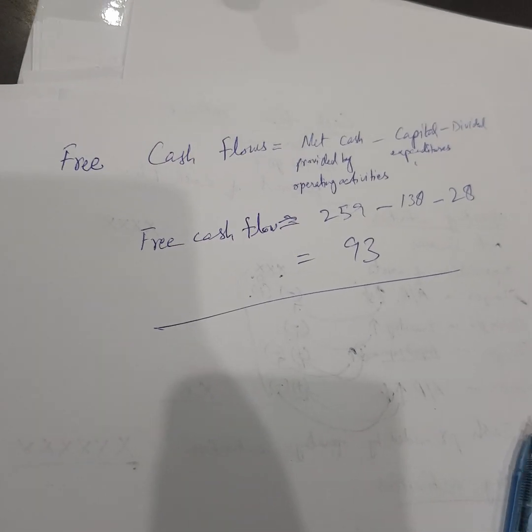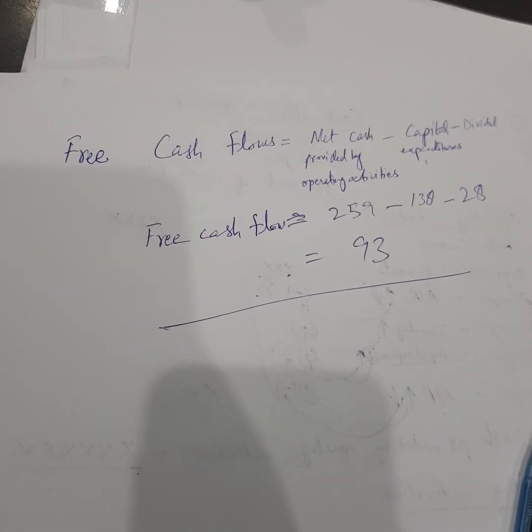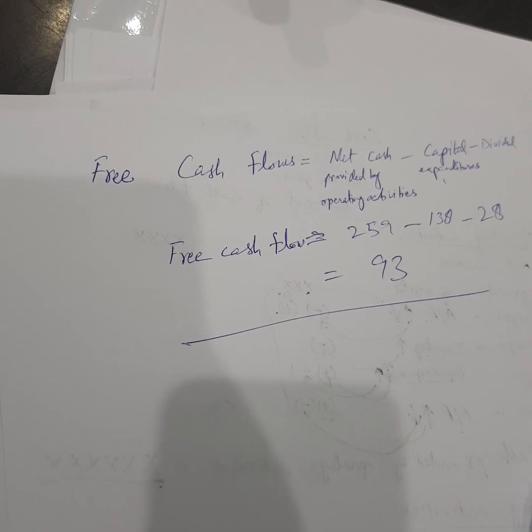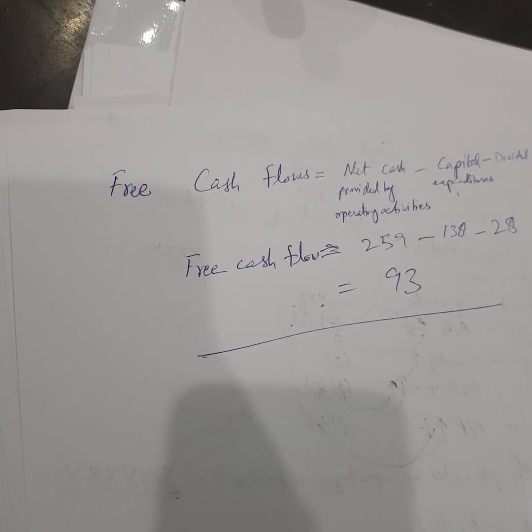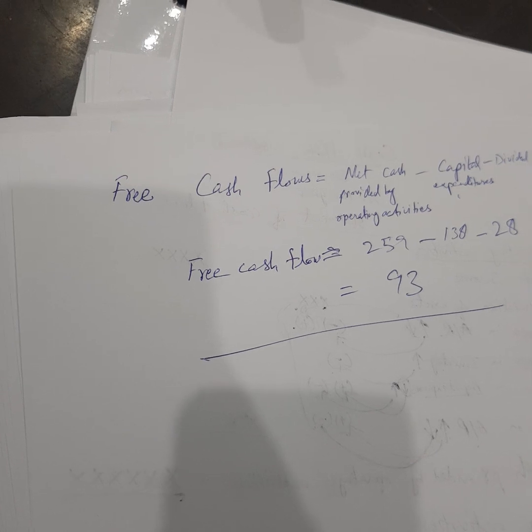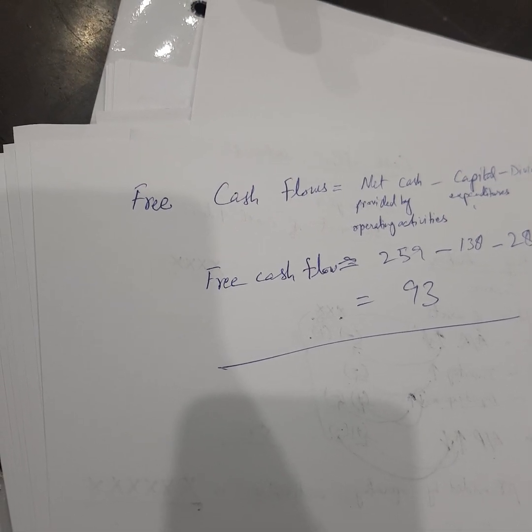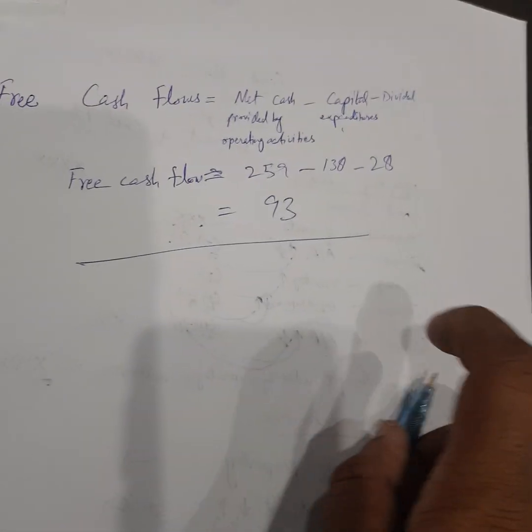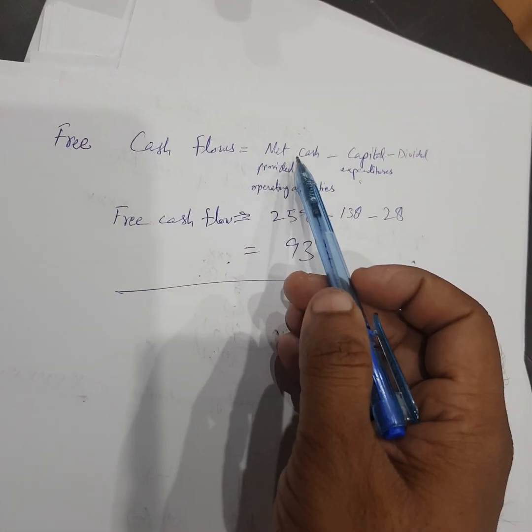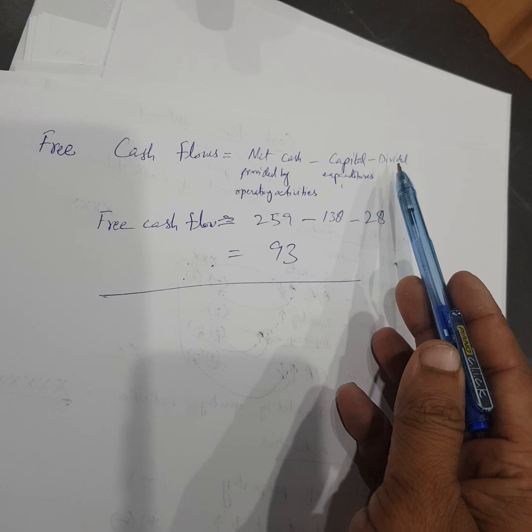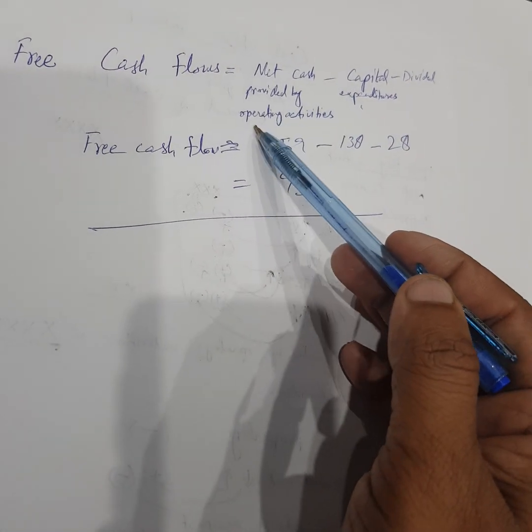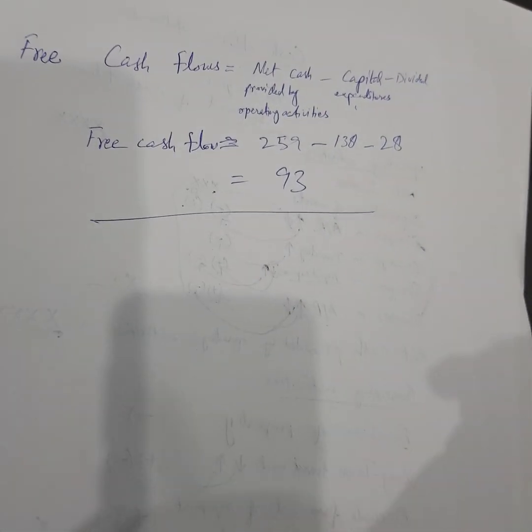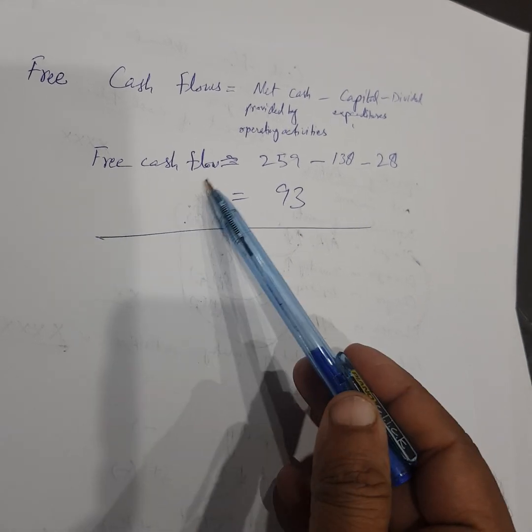It measures a company's ability to fund its capital expenditure for property, building and equipment and its dividends from its net cash provided by operating activities. In very easy words, how much the company is able to pay its capital expenditures and dividend from its operating activities net cash. It will be called free cash flow.